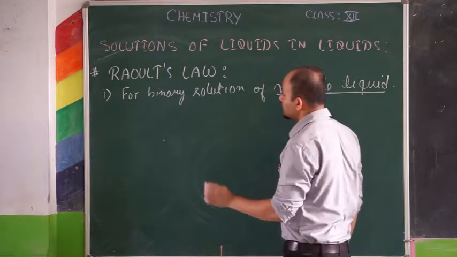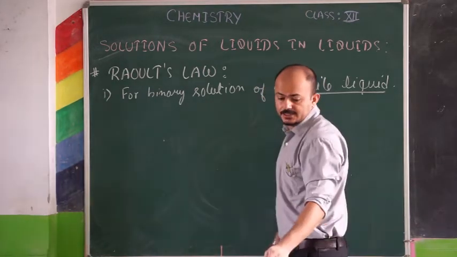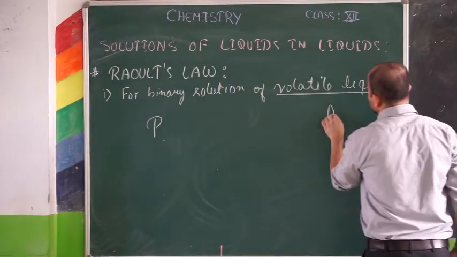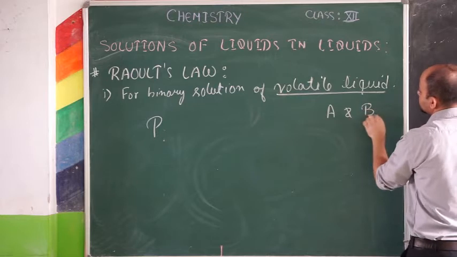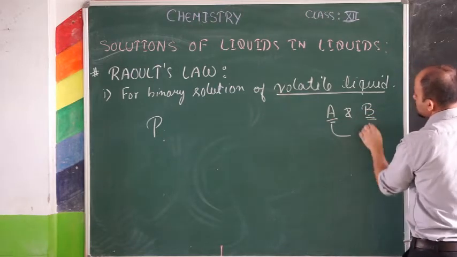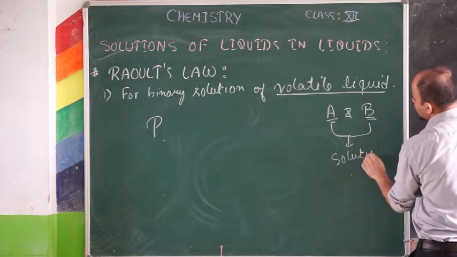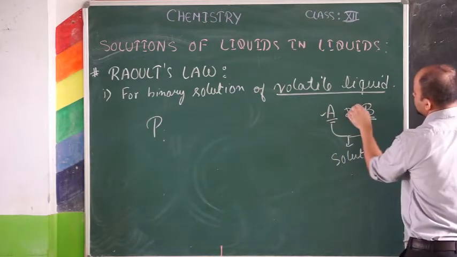So mathematically, what does it mean? It means that partial pressure, suppose you have two liquids A and B, and these two are mixed to make a solution, and both A and B are volatile liquids.